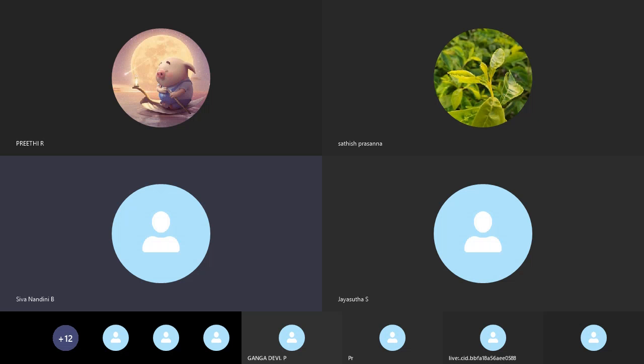Then we'll see the parameters of a netlist. What does the netlist comprise of? A netlist comprises a header. This header includes the name of the design, what the design is for. Then we have the time and date at which the netlist is generated.